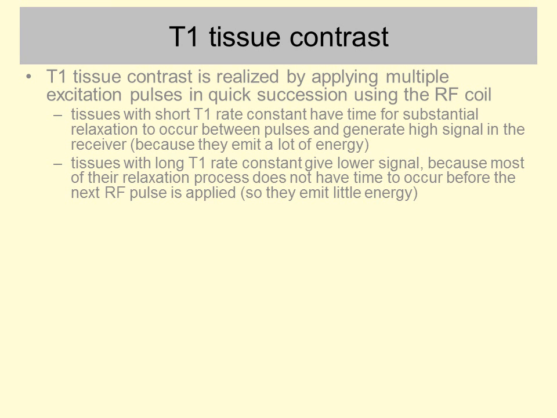So just to repeat that, the T1 tissue contrast is realised by applying multiple excitation pulses in quick succession using the RF coil. Tissues with a short T1 rate constant have time for substantial relaxation to occur between pulses and generate high signal in the receiver because they emit a lot of energy quickly.